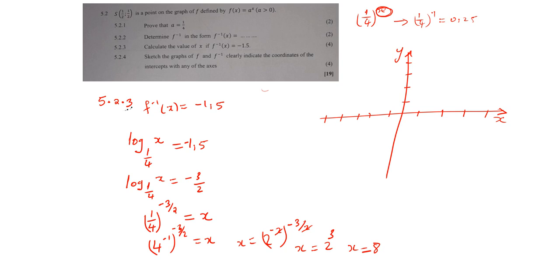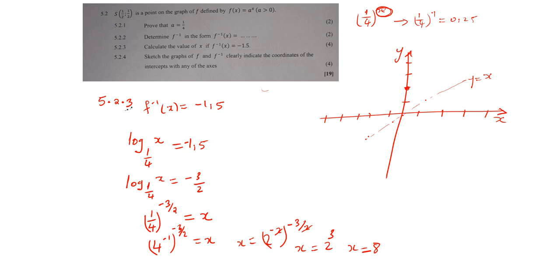So now you start off by saying, okay, this is the mirror line, this one. This is line y equal to x. This is where the reflection will take place. So now we said that as we are increasing the values of x, the values of y are decreasing.